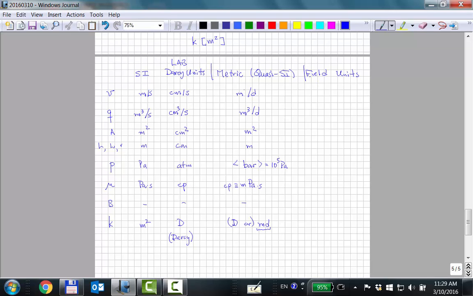But when it comes to field units, which is like Oklahoma, Texas, cowboy country, it's going to be two different sets of units. We got gas, we got oil. Well, let's take oil first. So for oil, feet per day.